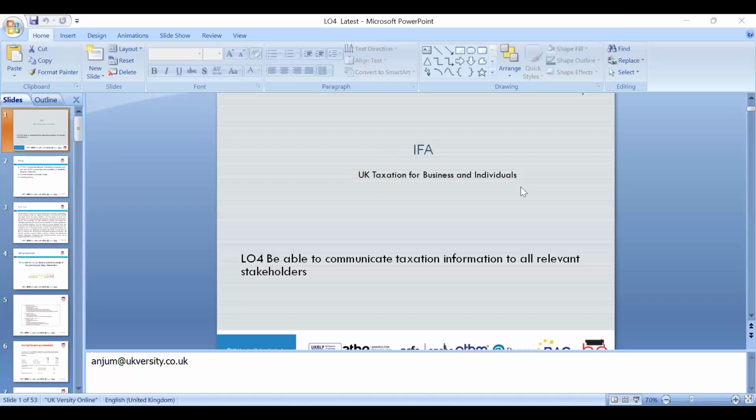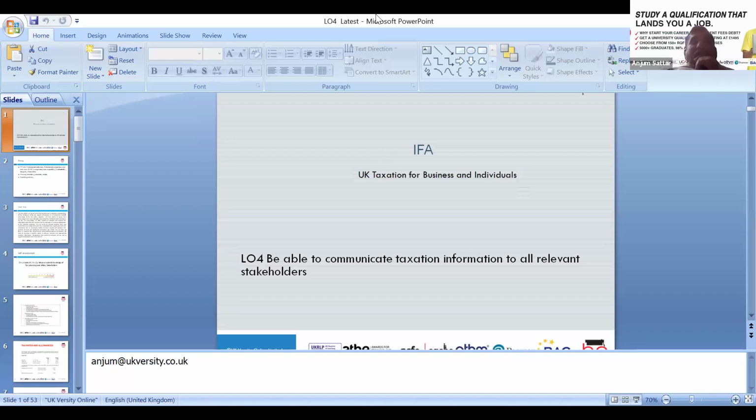Okay, welcome. Our LO4 is to be able to communicate taxation information to all relevant stakeholders. Stakeholders mean anyone who has any interest in the business. It's important as users of financial statements. We always need to look at the interests of different stakeholders.